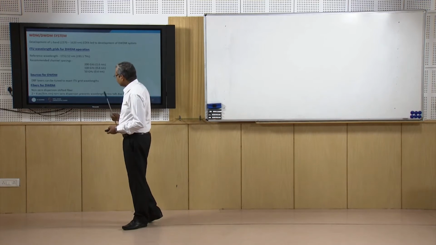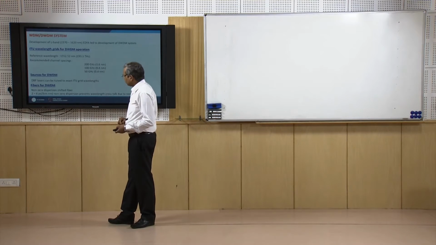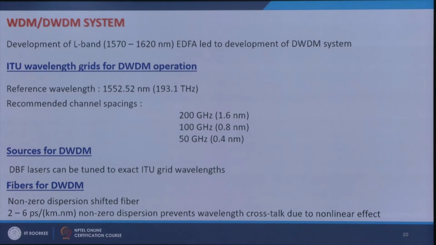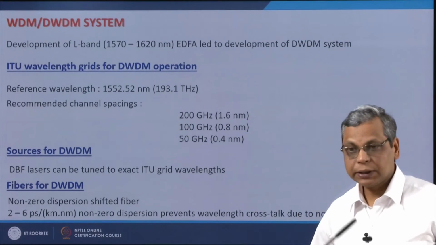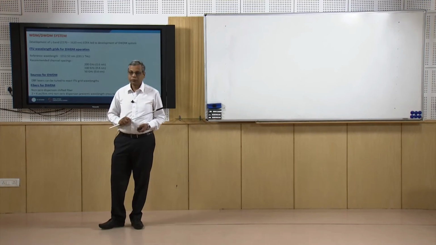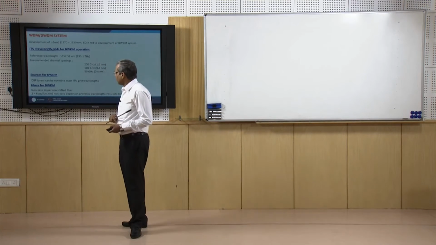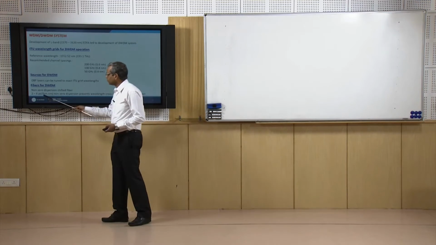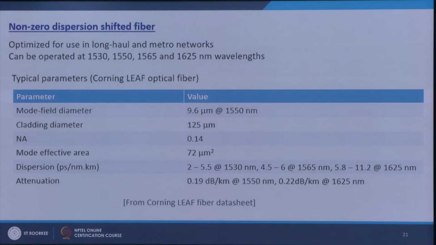area. So, there are certain fibers which have been developed which are non-zero dispersion shifted fiber. So, you have non-zero dispersion shifted fiber. The minimum dispersion wavelength is shifted now to the 1550 nanometer band from the 1310 nanometer band, and the minimum dispersion is not 0, it is about 2 to 6 picoseconds per kilometer nanometer to prevent nonlinear effects.